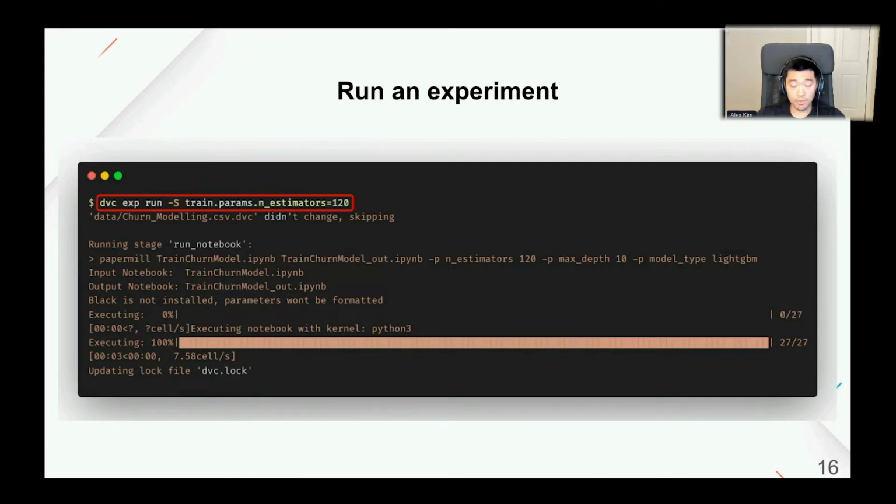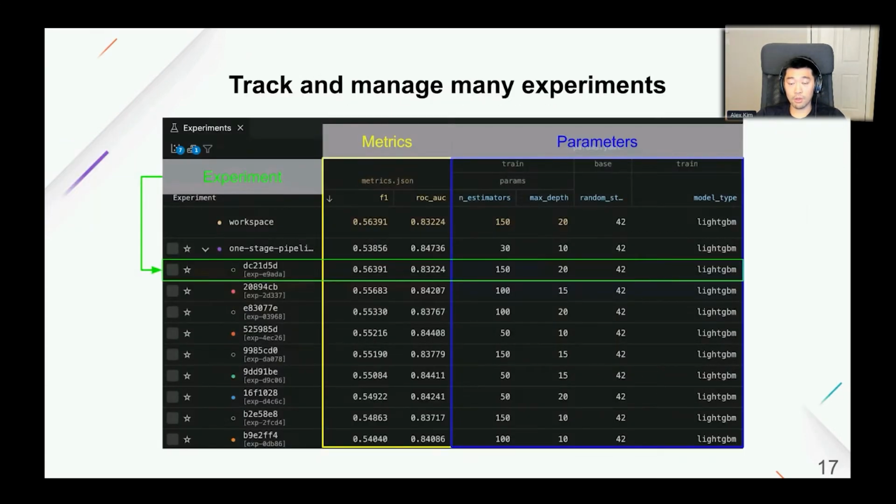If we run a few of those experiments, we can see all our experiments in VS Code with the help of the DVC extension. So as you can see here, I've got several different experiments in this table. The first couple of columns are the metrics that I'm tracking, F1 score and area under the receiver operating curve. On the left-hand side, I have parameters, so I can compare which experiments result in the best performing models.